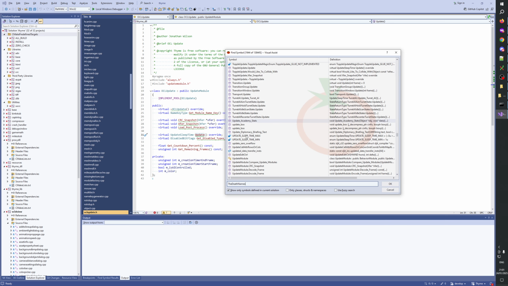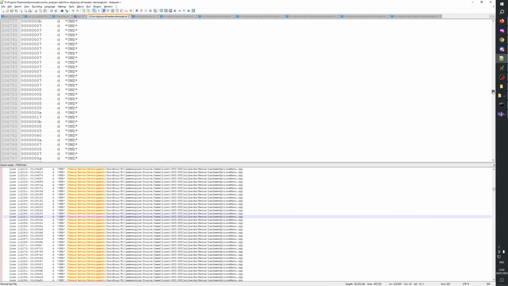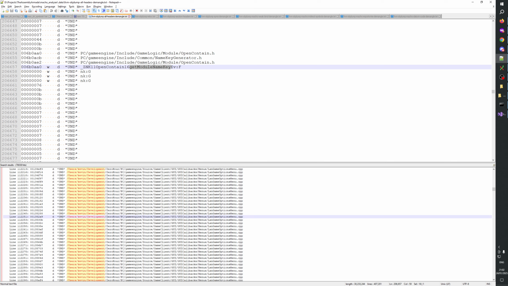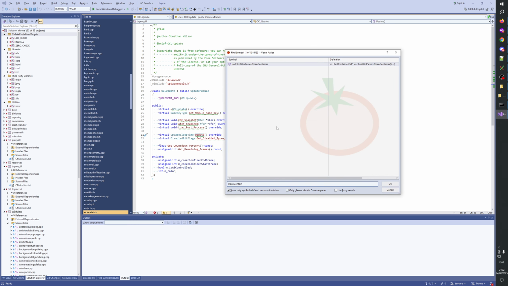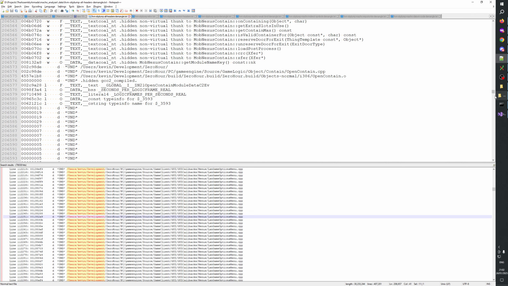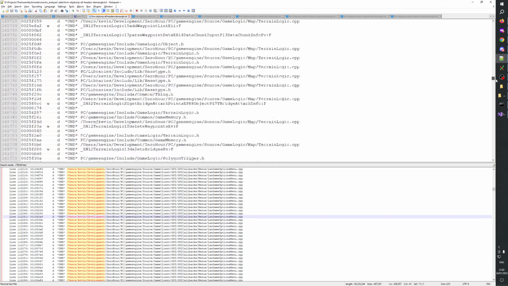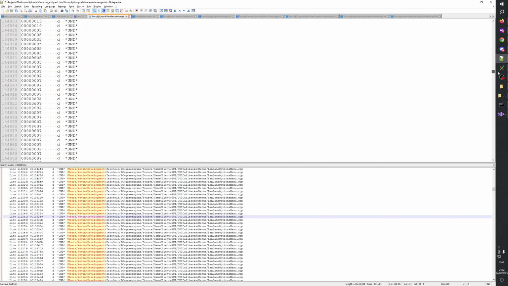Let's look at this one. Don't have it. Why do I always click there? It would be nice to find some sample. What about this one? Open contain. Get module name key. I don't think we have this. No, we don't. Come on, I must find some sample here.